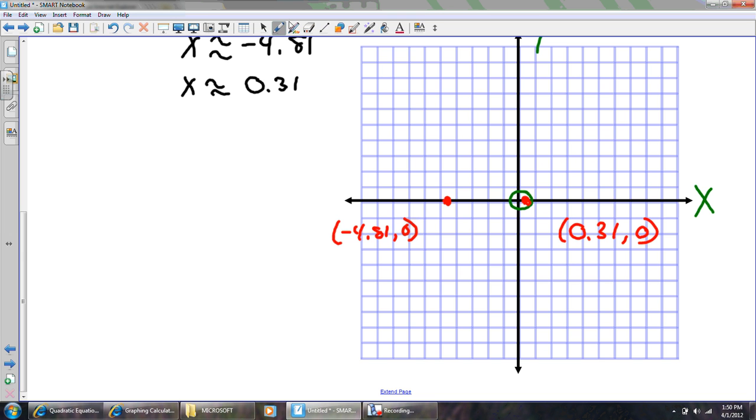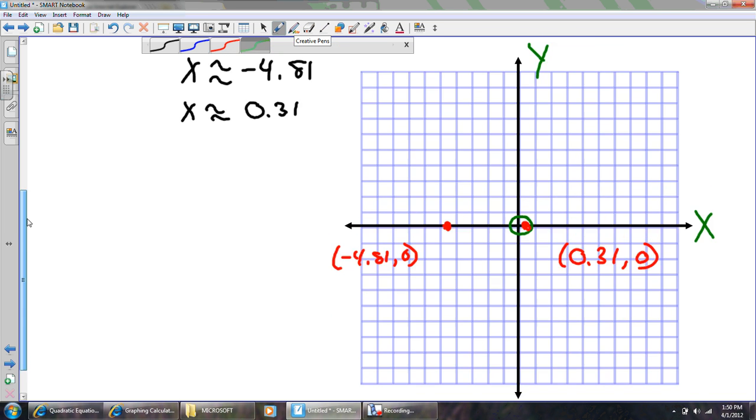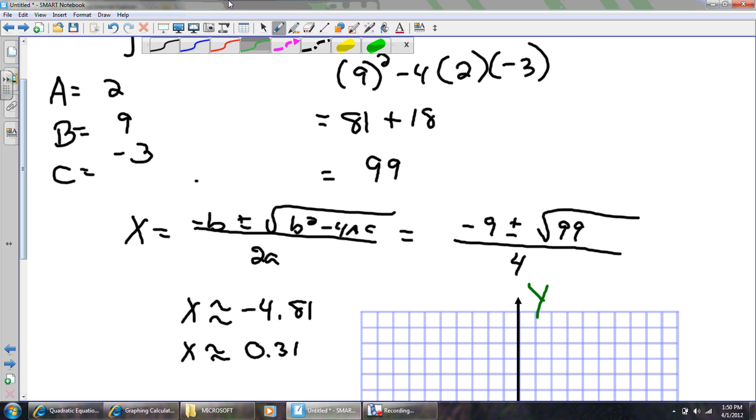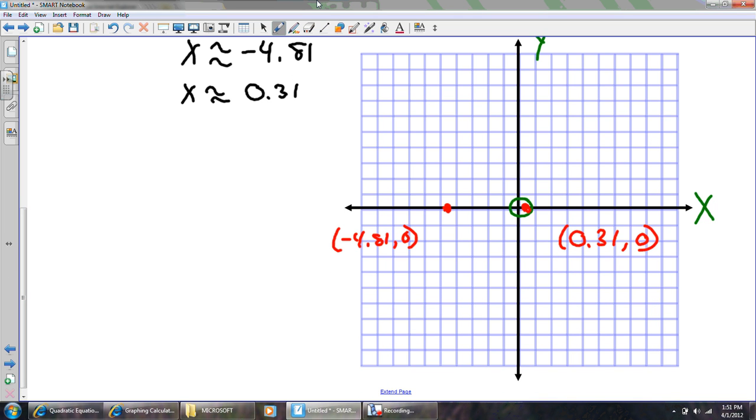Got to find the vertex. Well, I do negative b over 2a, but if I'm working smart, not hard, I notice that the x-coordinate of my vertex is right here: negative 9/4, or negative 2 1/4. So I know the x-coordinate of the vertex equals that.